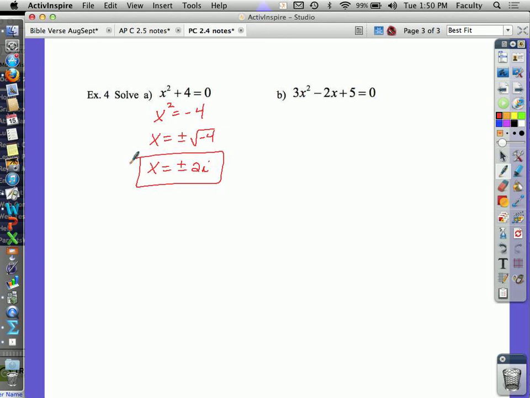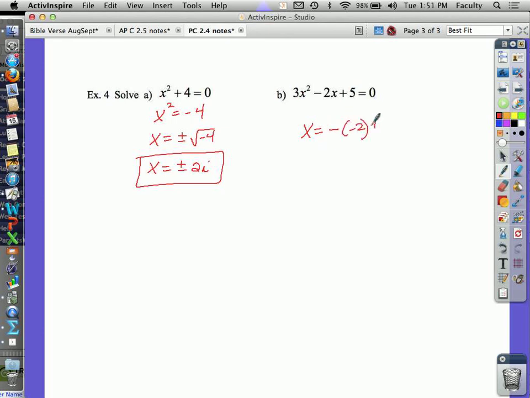All right, letter B does not factor. So what's another tool we have in our tool belt for solving a quadratic? The quadratic formula. So are you guys up for singing? You guys ready? Okay, here we go. 1, 2, 3. x equals negative b plus or minus square root b squared minus 4ac all over 2a. So here we go.